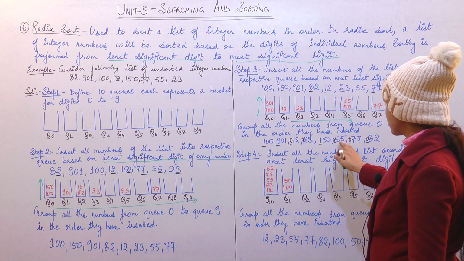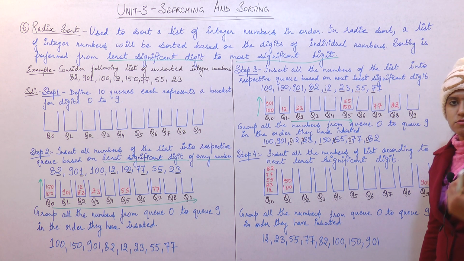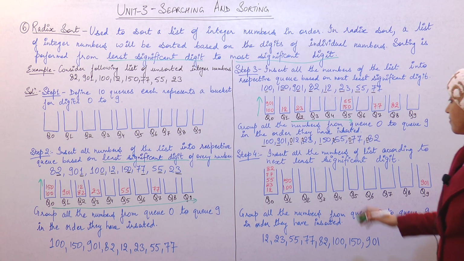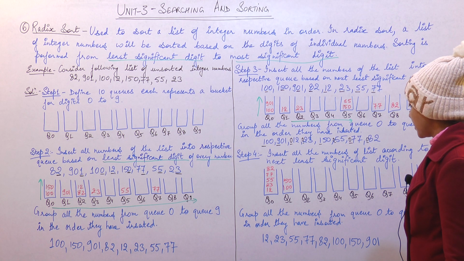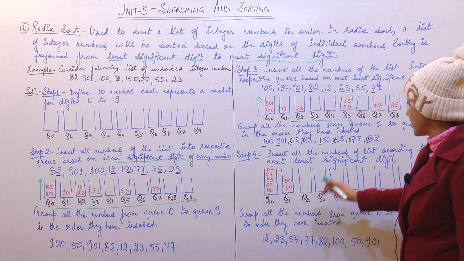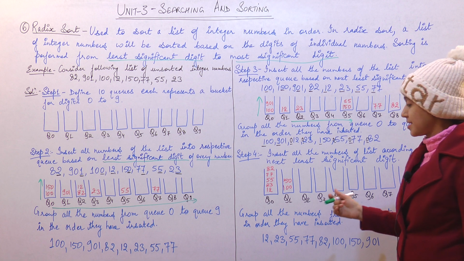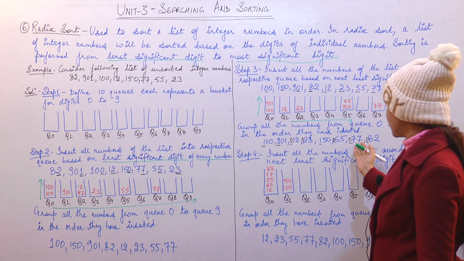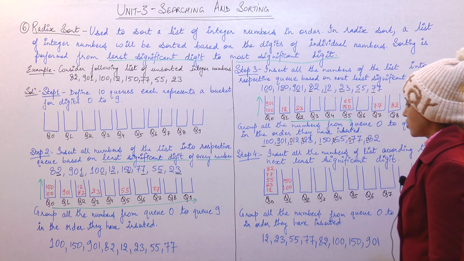Then comes 150, 150 contains 1, so 150 will be inserted in Q1 bucket. After that comes 55, 55 is also a 2-digit number, that means we are assuming 0 at hundreds place, so 55 will be also inserted in Q0 bucket. After that 77, similarly like 55 we are inserting 77 in Q0 bucket.